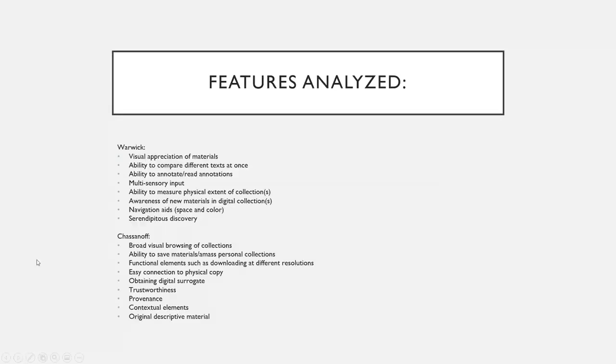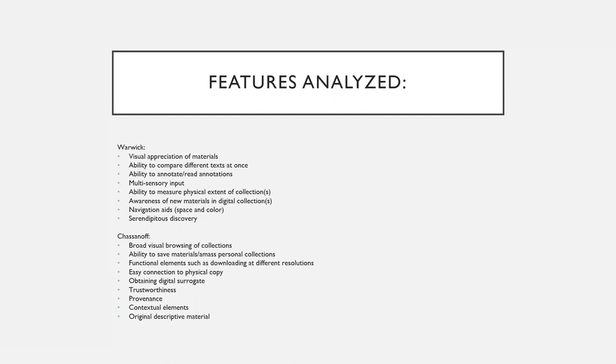So what I'm going to do this week is take a look at the online collections interface for the American Heritage Center and discuss how well, or maybe not so well, it features some of the different aspects of online collections that a couple of our articles for this course have mentioned as being beneficial for researchers.